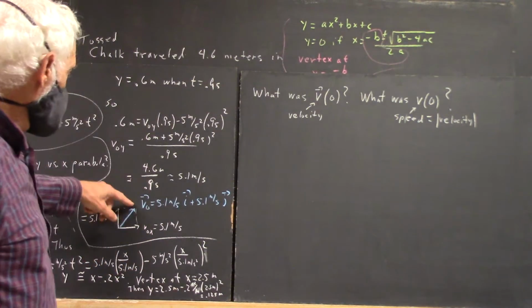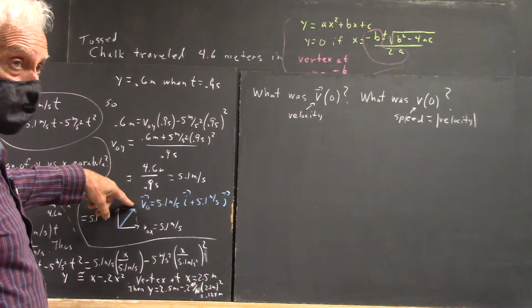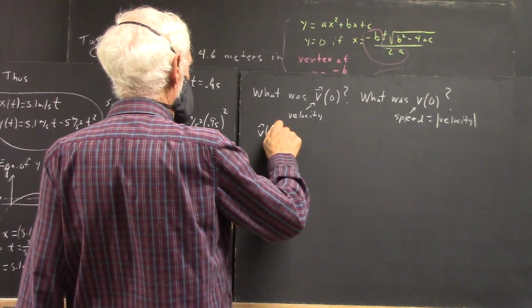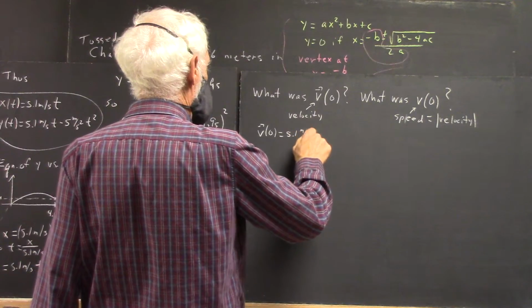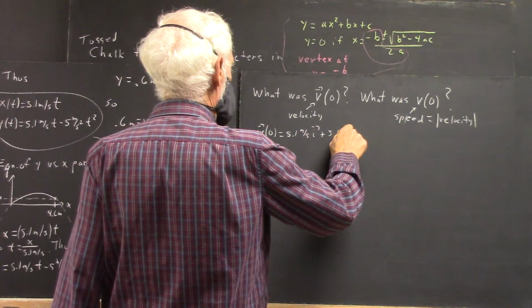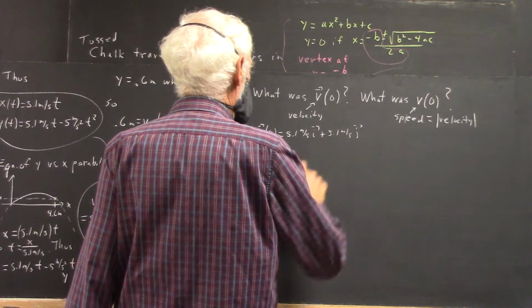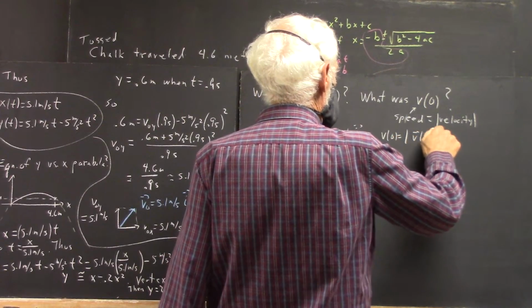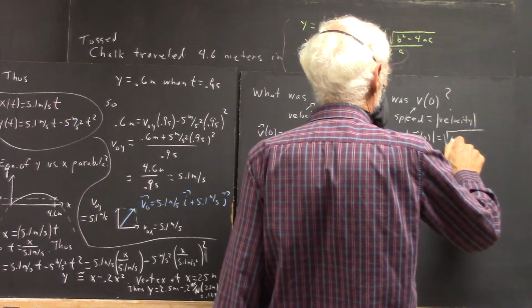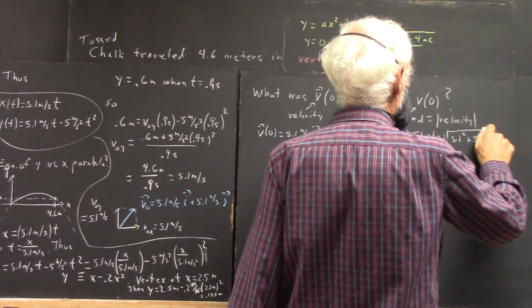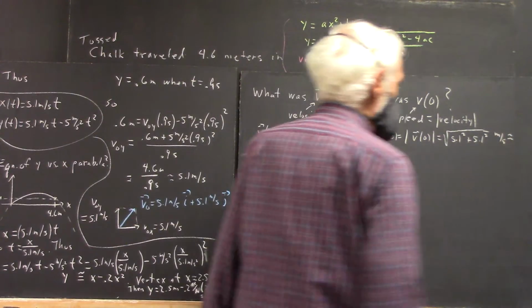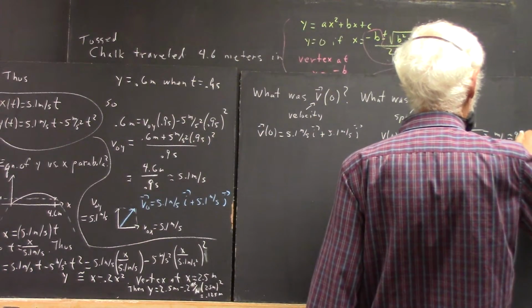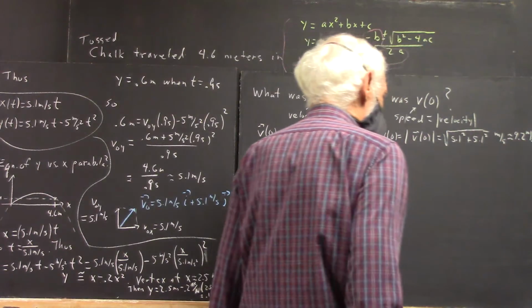Well, we saw what V of 0 is. That's this, right? So, it's this, okay, which I'm guessing is about 9.2 meters per second.